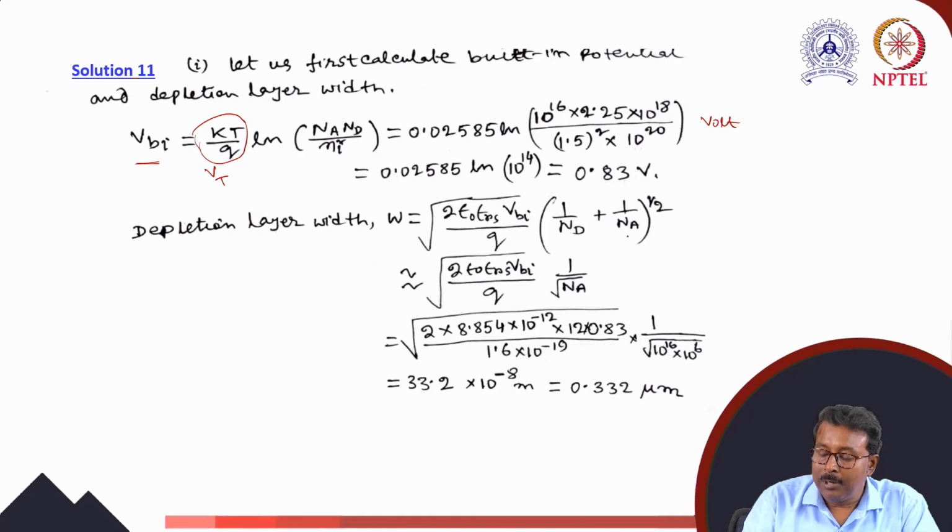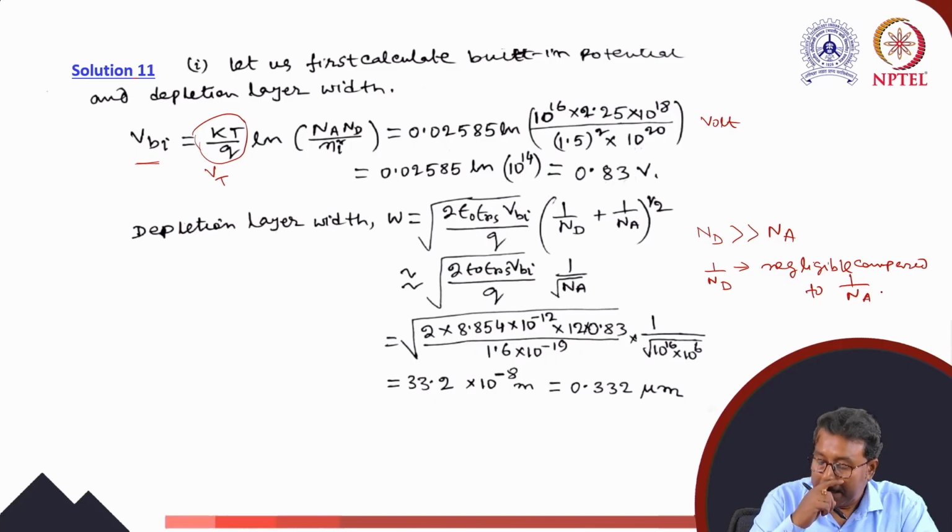Approximately you can neglect 1/Nd because Nd is much greater than Na, so 1/Nd is negligible compared to 1/Na. Putting in these values, epsilon 0 is 8.854 into 10 to the power minus 12, epsilon Rs, the dielectric constant, is 12, built-in potential we have found 0.83, and q, and 1/Na with 10 to the power 16.